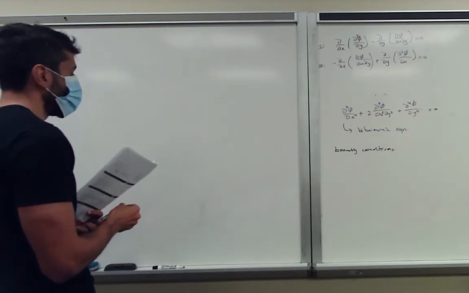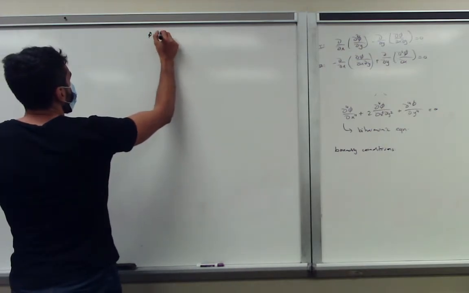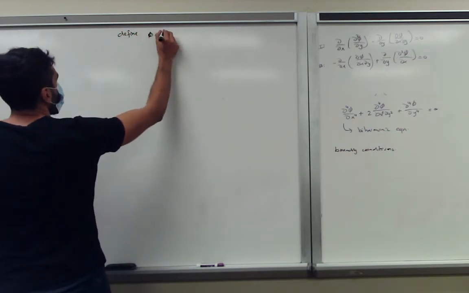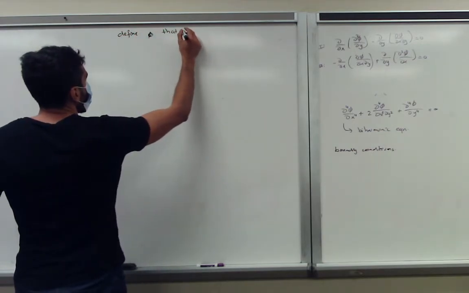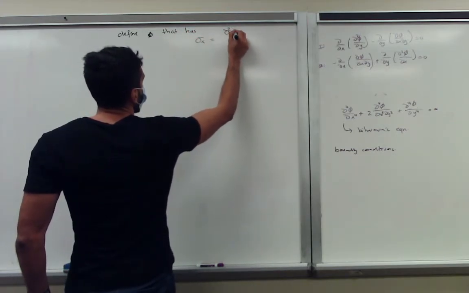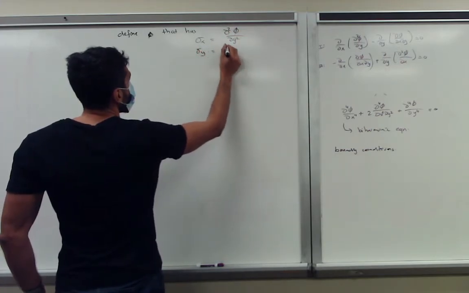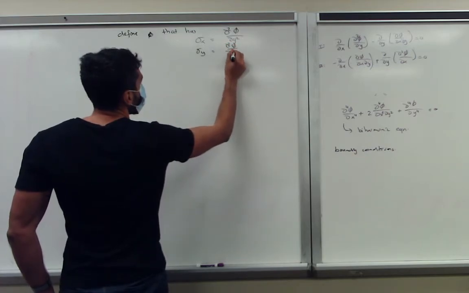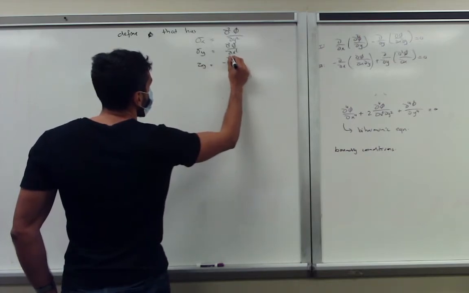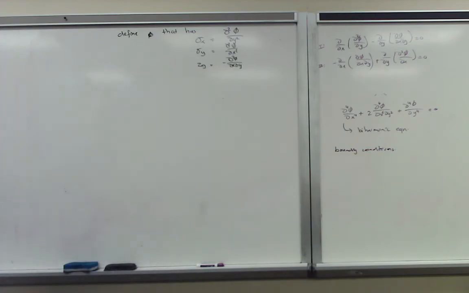So what we said is, let's define a function phi that has the following properties. Sigma x is the second derivative of phi with respect to y squared. Sigma y is the second derivative with respect to x squared, and tau xy is the negative of the second derivative, partial x partial y.